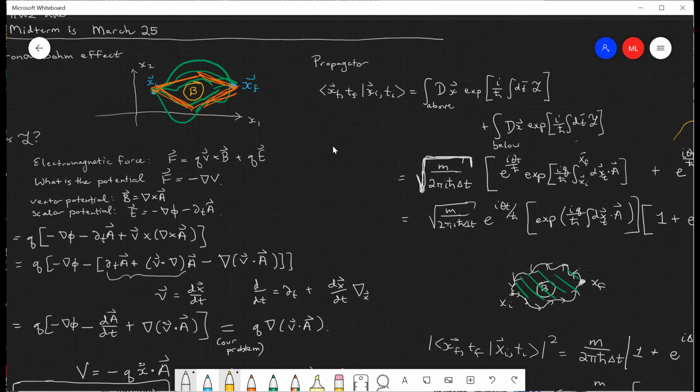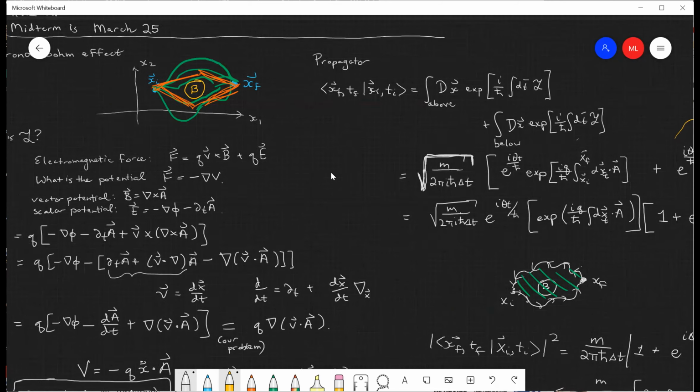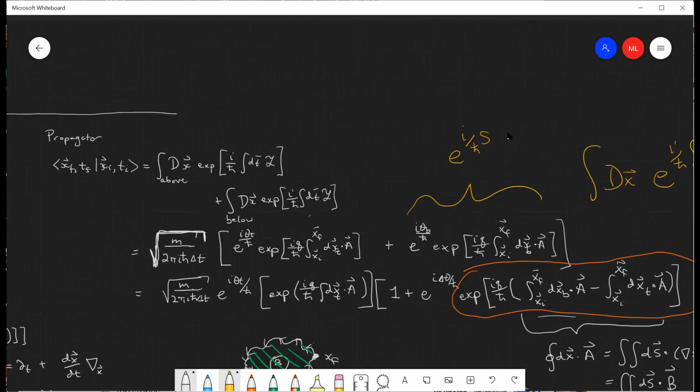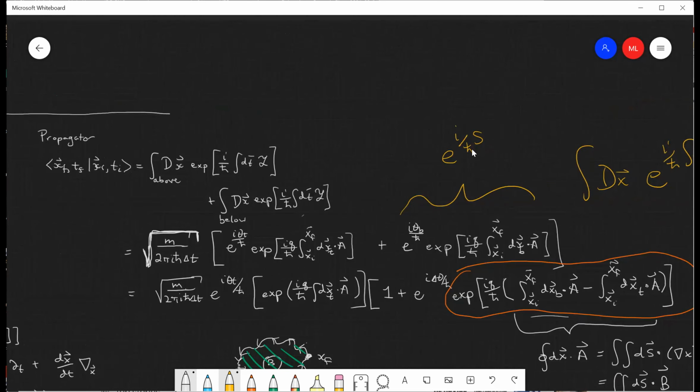And each of those paths is weighted by a phase, and that phase is given by e to the i over h bar times the classical action along that path, which is just the integral of the Lagrangian.